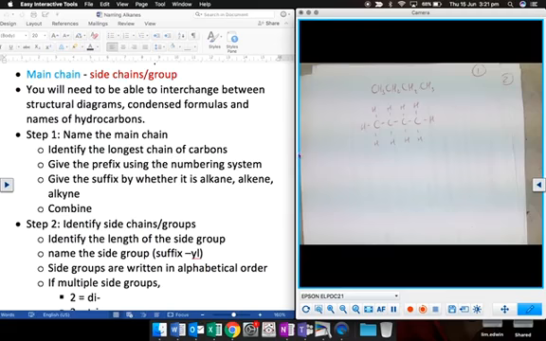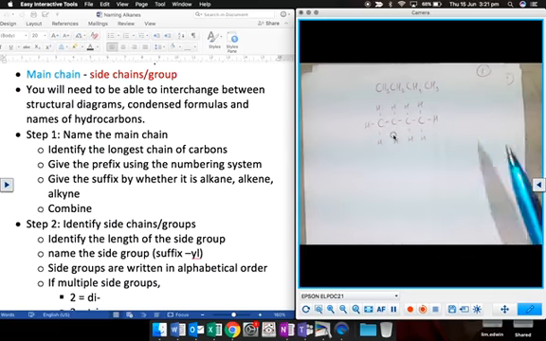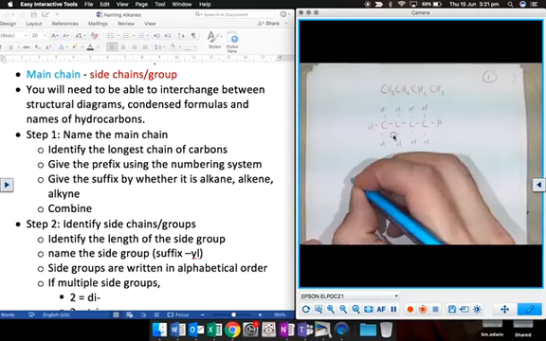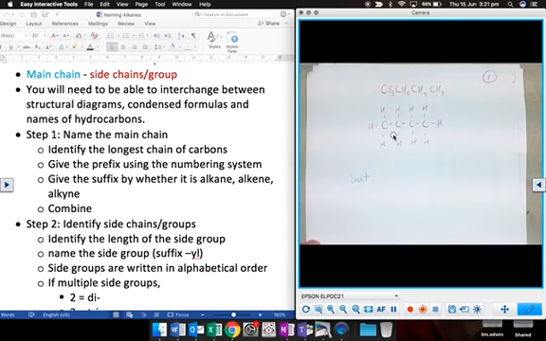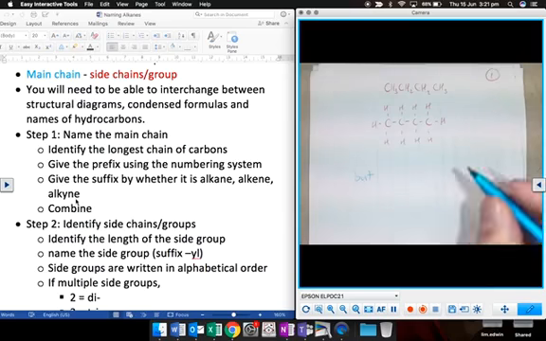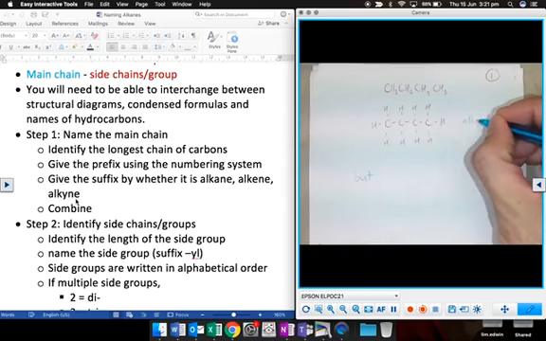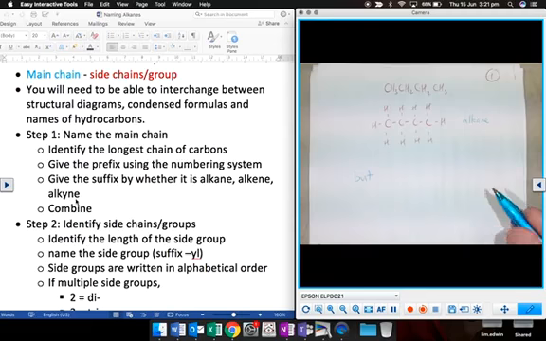We're going to identify the longest chain of carbons, which happens to be 1, 2, 3, 4. So, what's the prefix for 4? It's but. The suffix, whether it's an alkane, alkene, or alkyne, we should recognize that this is an alkane, which means we have a suffix of ane.